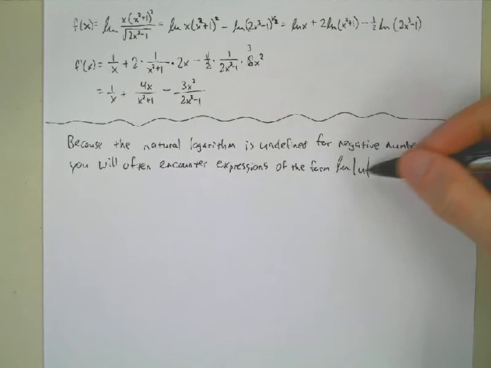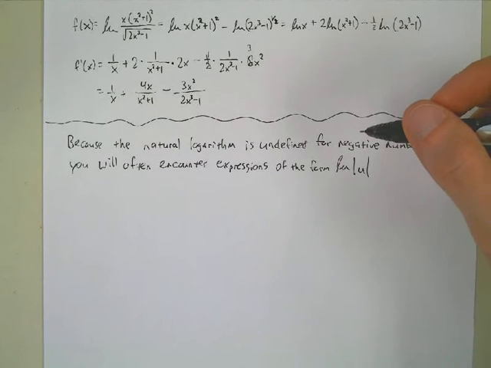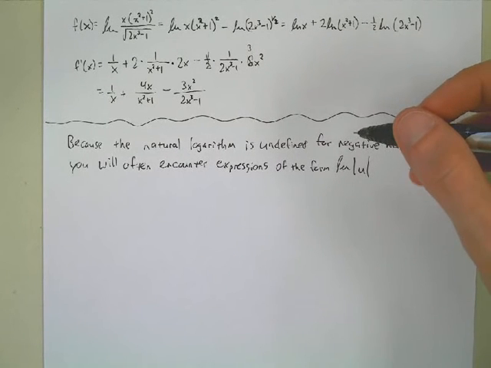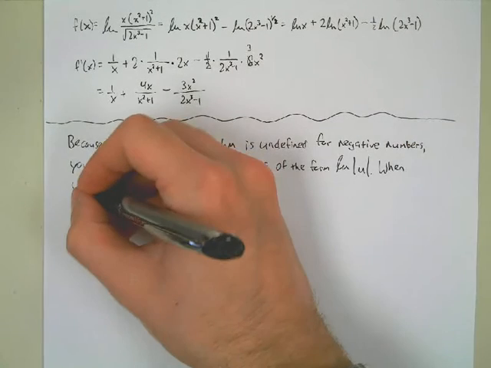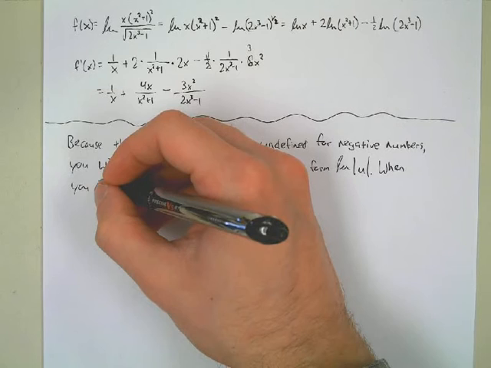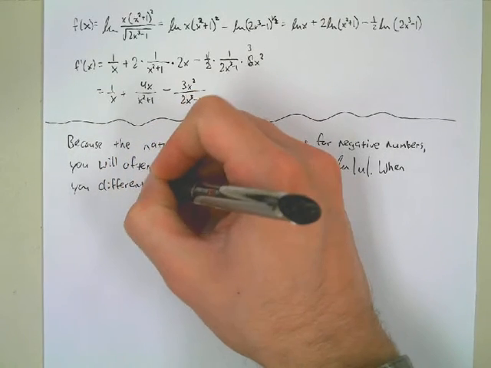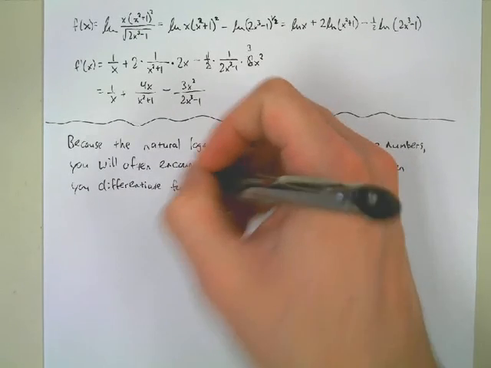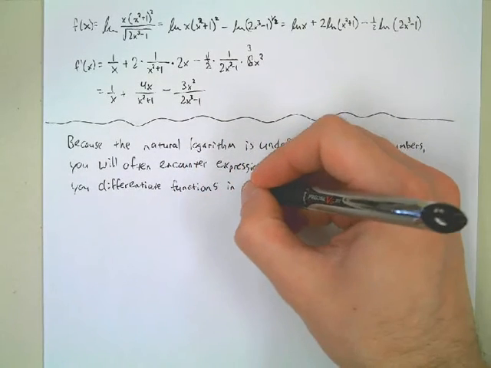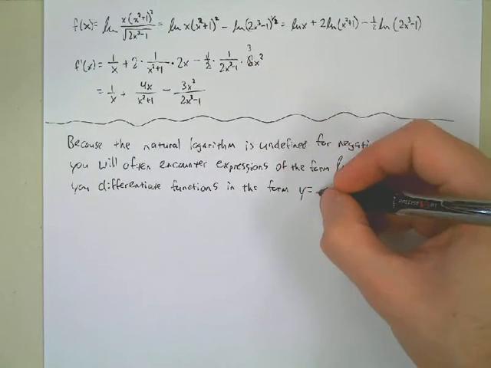All right, and here's the key thing. When you differentiate functions in the form y equals natural log of the absolute value of u, do everything as usual.